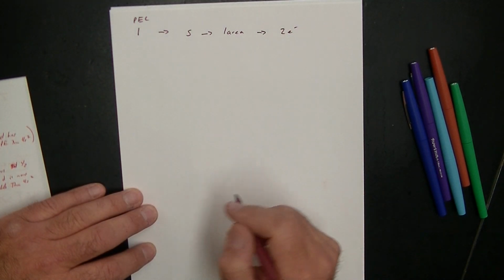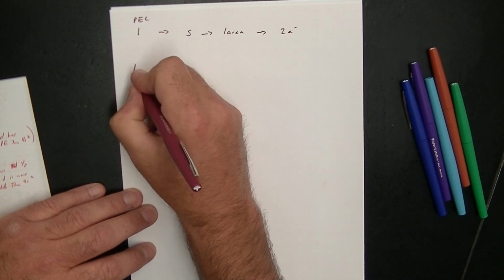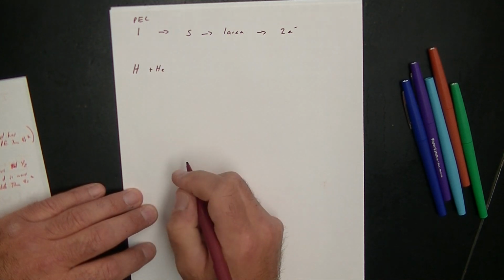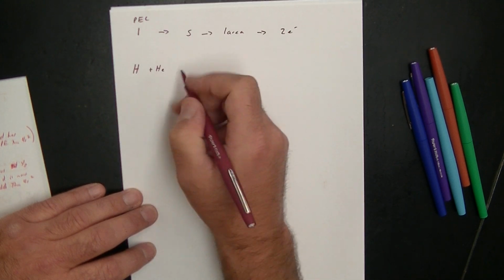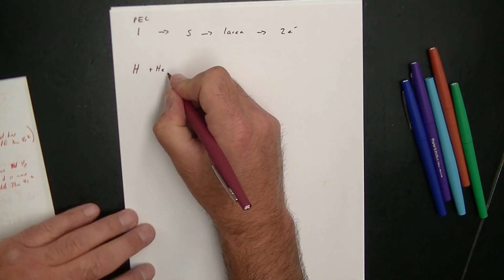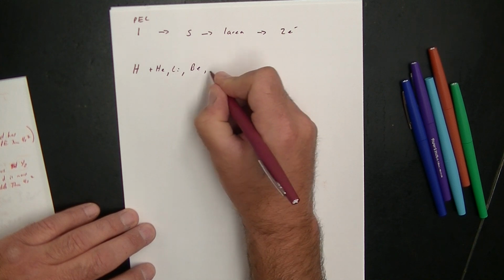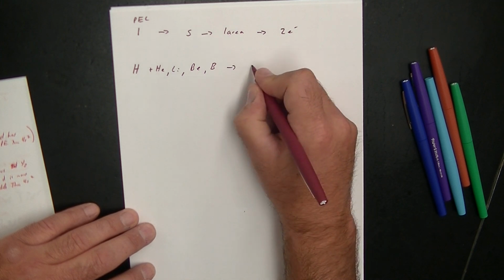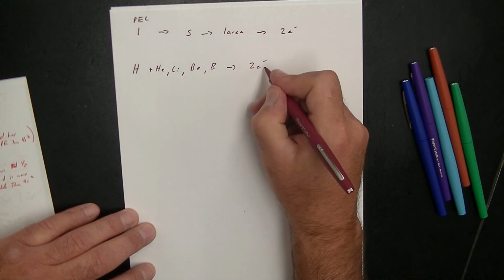Now, if you remember back to your high school class, hydrogen and helium, actually more than that, hydrogen, helium, lithium, beryllium, and boron, sometimes they only want 2 electrons.